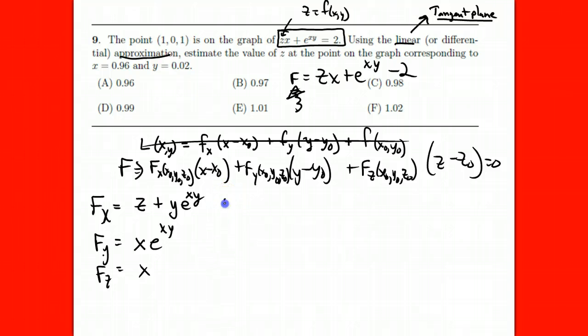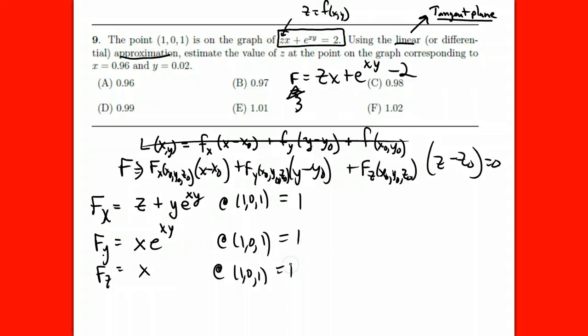Then we evaluate these at the point of interest. X is 1, y is 0, and z is 1. Since y is 0, that kills this whole exponential term. Here, though, we get 1 times e to the 0, so we get a 1 there. And then we get a 1 here.